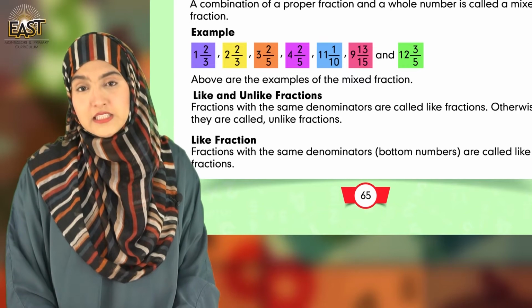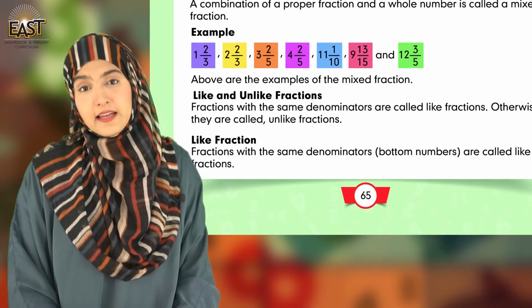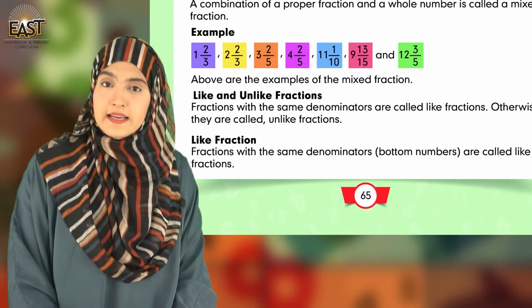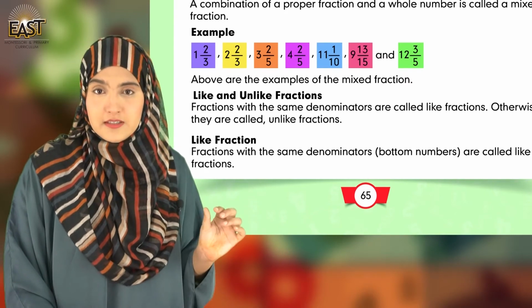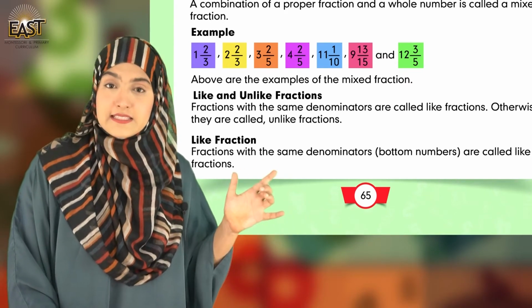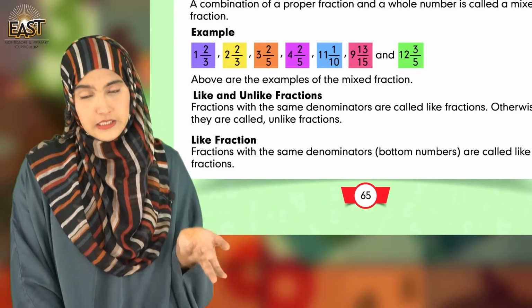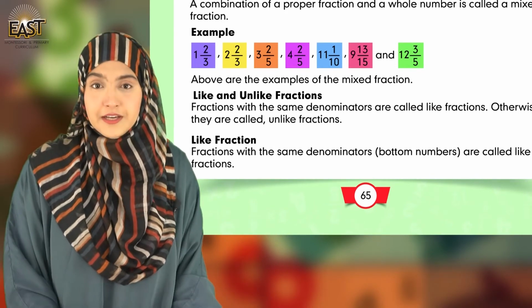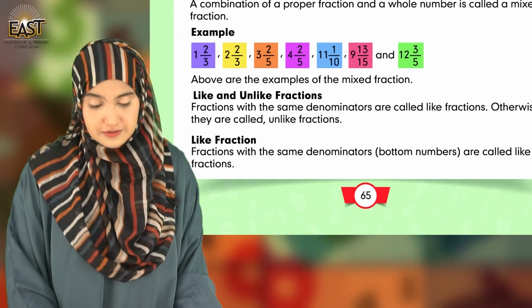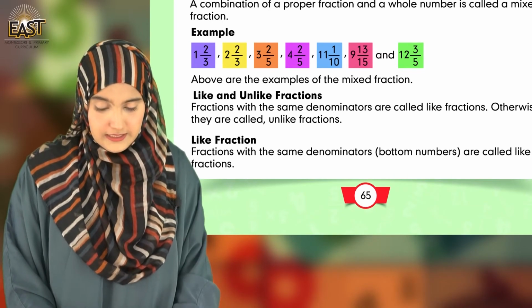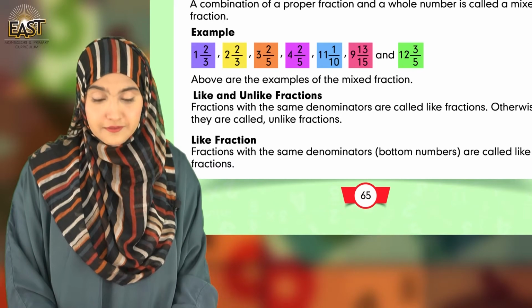So what is the difference between like and unlike? One has the same denominators and the other one has different denominators. Is it easy or is it difficult? It's very easy, and I know that you guys are very smart and you all find it easy as well. Okay? So otherwise they are called unlike fractions.